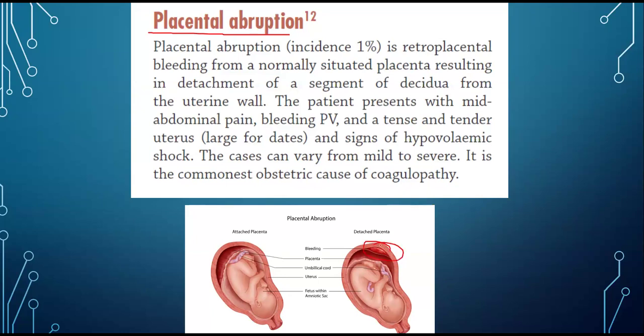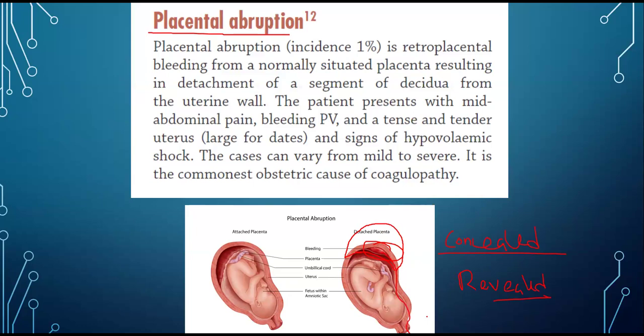The bleeding can be of two types. One, blood can accumulate in the uterus and the uterus can get larger and tender. That's called the concealed variety of placental abruption because bleeding is not coming out, rather it's collecting inside. And then there is the revealed variety, where the blood will not accumulate, rather it will come down as a very severe PV bleeding.